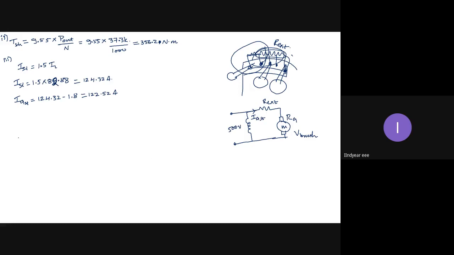Now, at start, can I write the voltage from here to here? If I apply KVL, this is 500 volts.